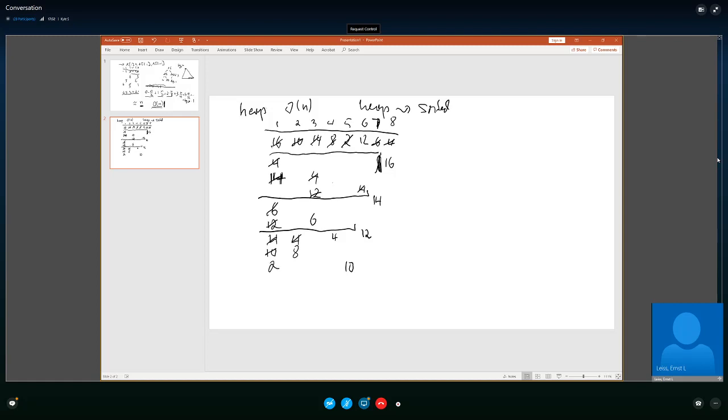So 2 and 10 are interchanged, flipped, and so we now have 2 in position 1 compared with positions 2 and 3, which is 8 and 6, so we're going to do 8 and 2. And then we have 2 with 4. We are now only going to do the first 4.